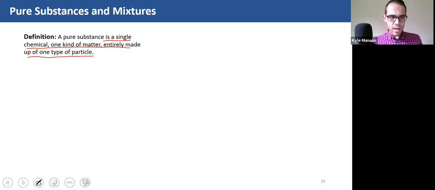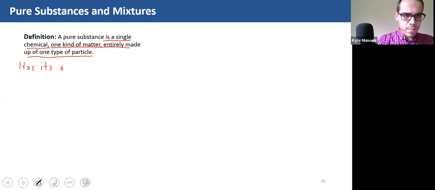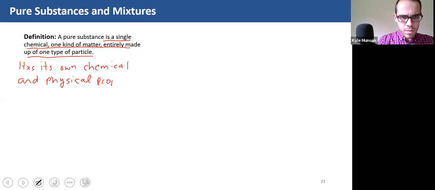So a pure substance, of a single chemical, has its own chemical and physical properties.